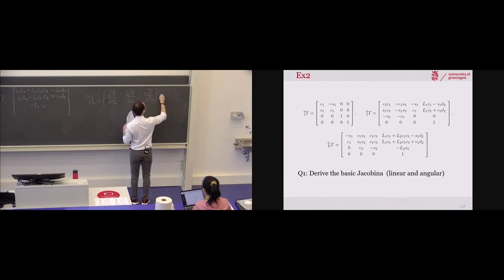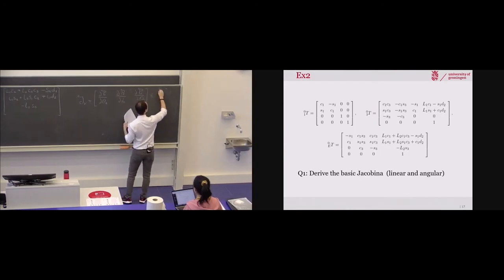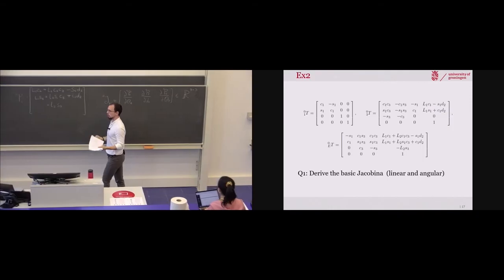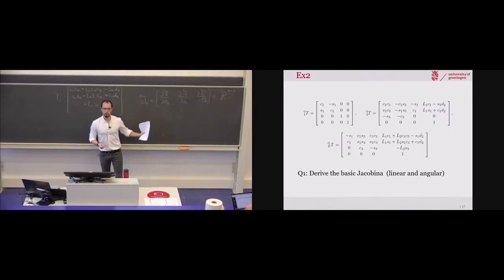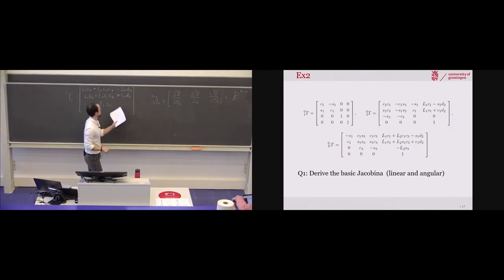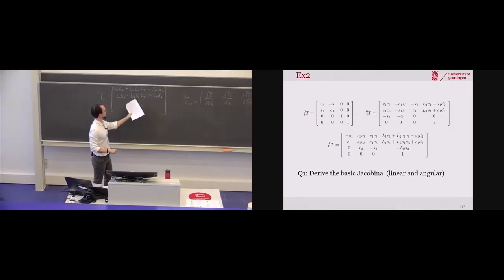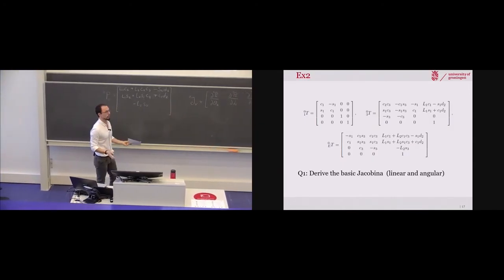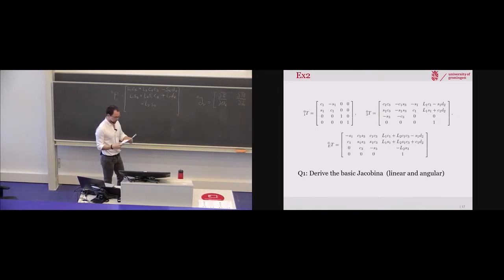Therefore, this is a 3×3 matrix, and it is the Jacobian associated to the linear velocity. I will not do the computation because they are just partial derivatives of the sine and of the cosine, which are fairly easy, and you can also find the calculation in the solution.